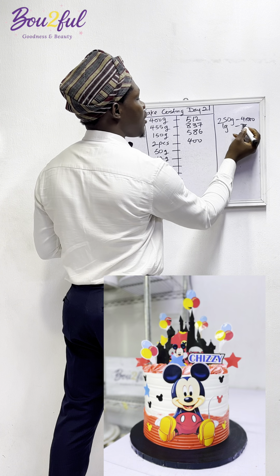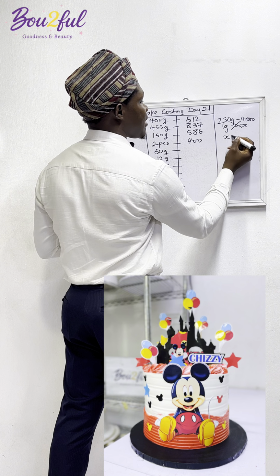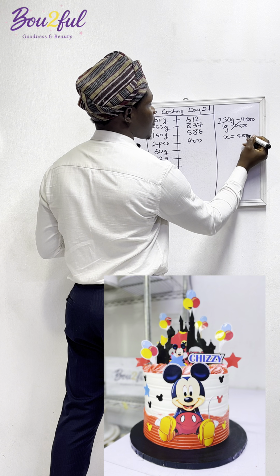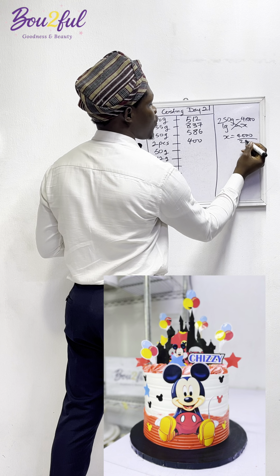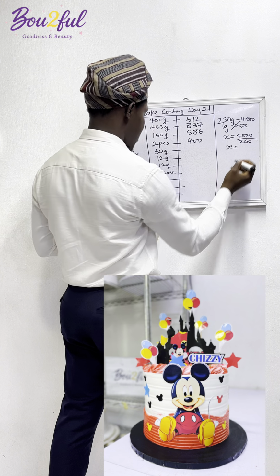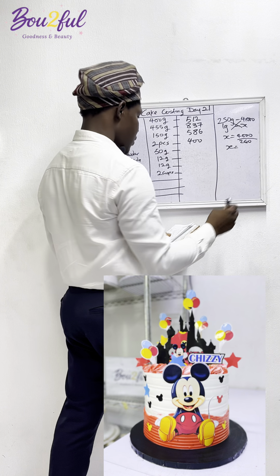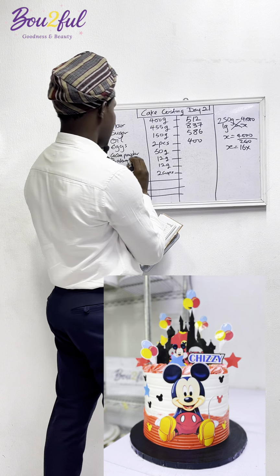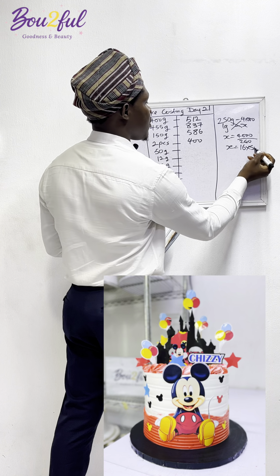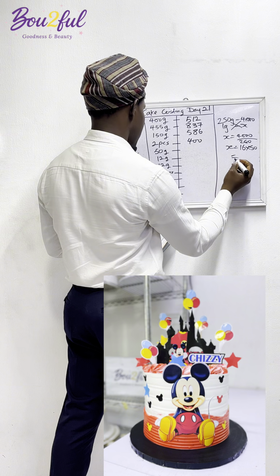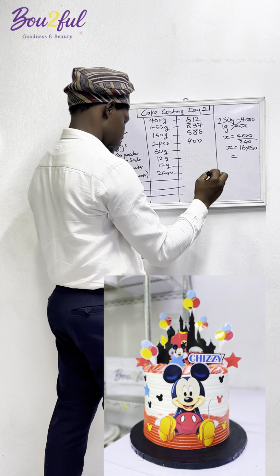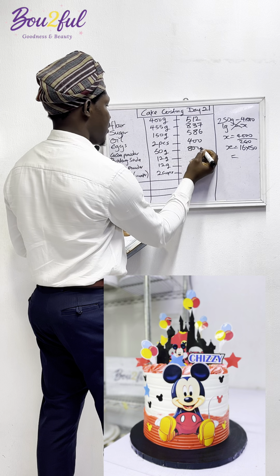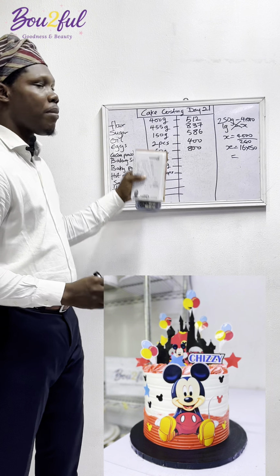That is 4,000 naira divided by 250, which is 16 naira. So 16 times 50 will now give us 800 naira. So that's how we get it for cocoa powder.